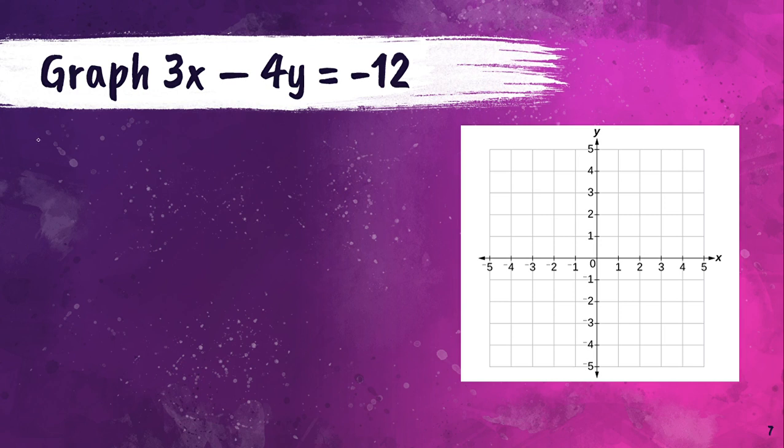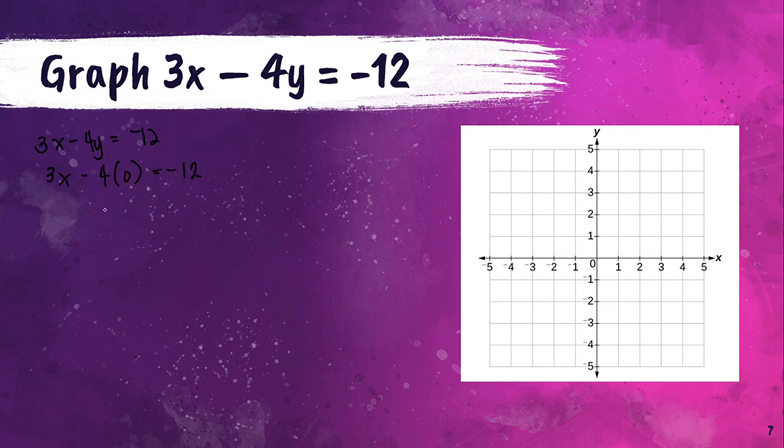So let's rewrite the equation: 3x minus 4y is equal to negative 12. Let's substitute 0 for y in the equation. So that will be 3x minus 4 times 0 is equal to negative 12.